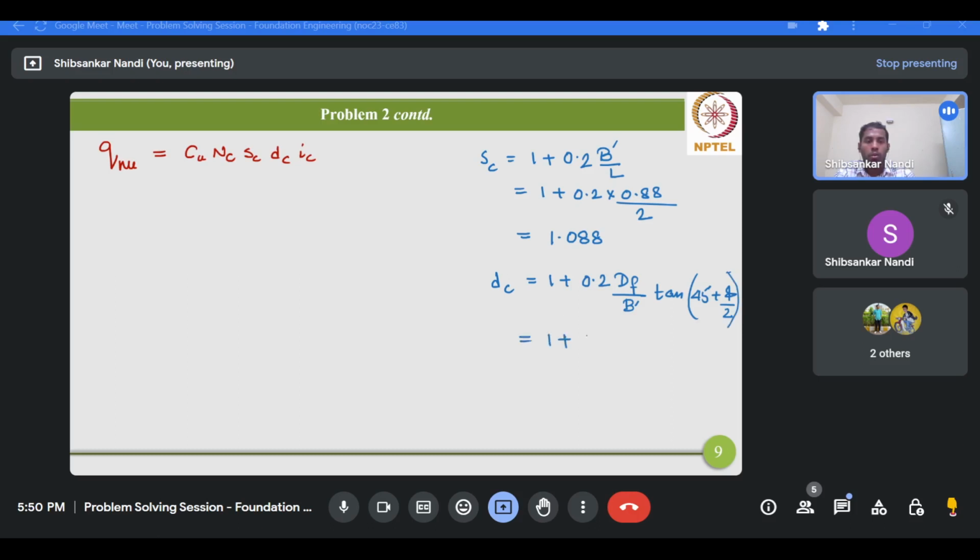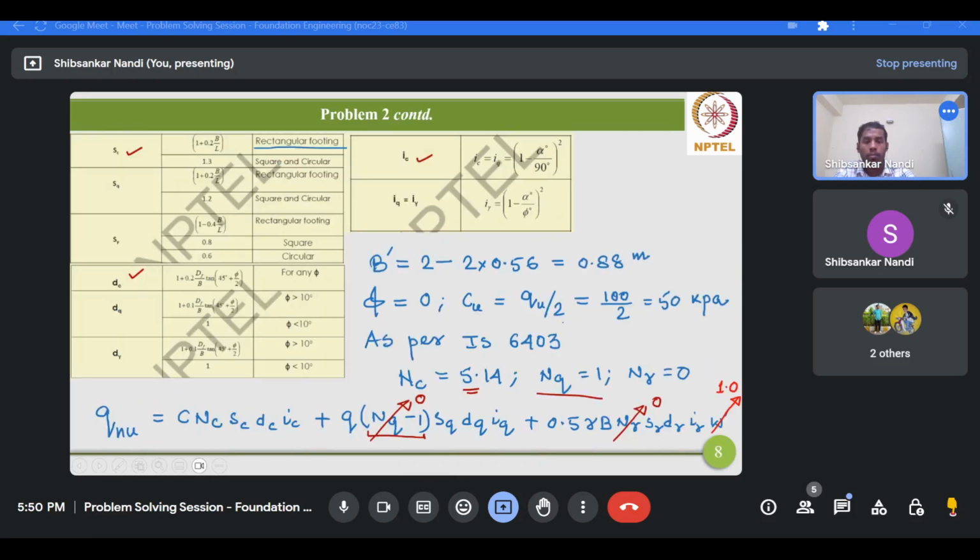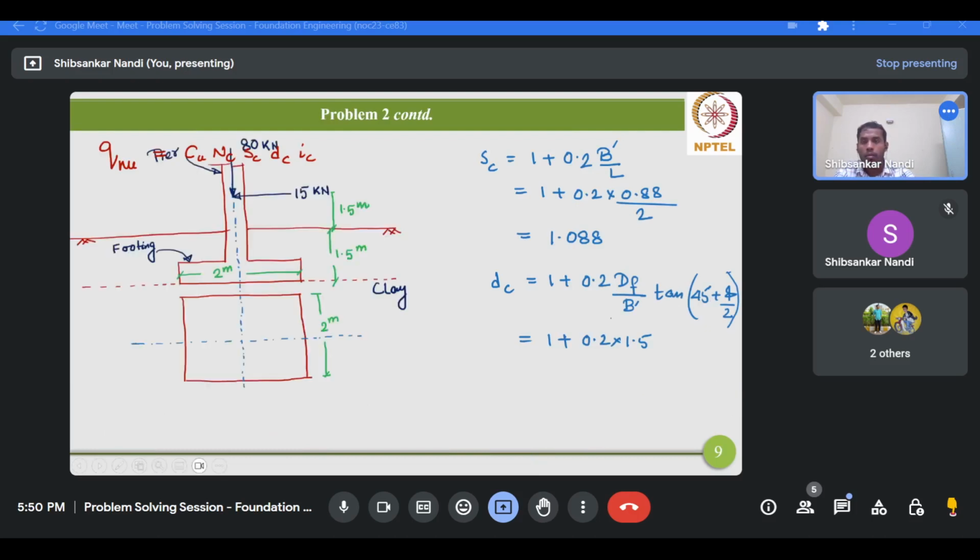Now you know the Df value, the depth of the foundation, it's basically 1.5 meter, the B prime value is 0.88, and this part will be tan 45, that means 1. So 1 plus 0.2 multiplied by 1.5 divided by 0.88, that means 1.34.